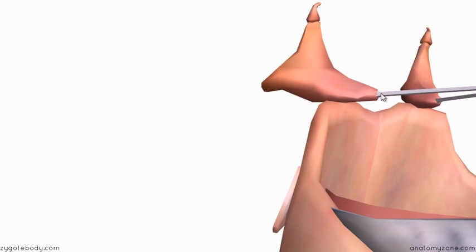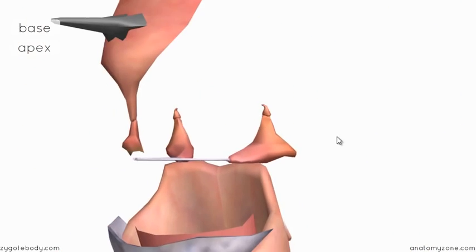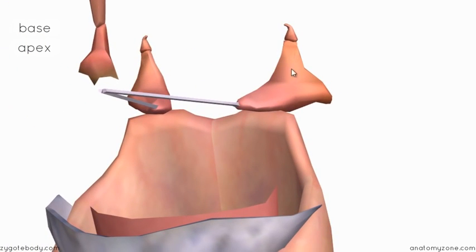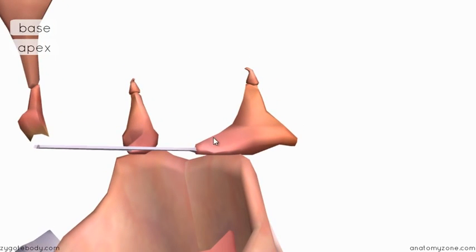So let's take a look at the arytenoid cartilage. They've got this triangular shape, they've got a base which articulates with the cricoid cartilage, and the apex articulates with the horn-shaped corniculate cartilage. You can see that the medial surfaces of the arytenoid cartilages face each other, and then you've got this anterolateral surface which has two depressions where muscles and ligaments can attach, and you can see this obvious process pointing out here.